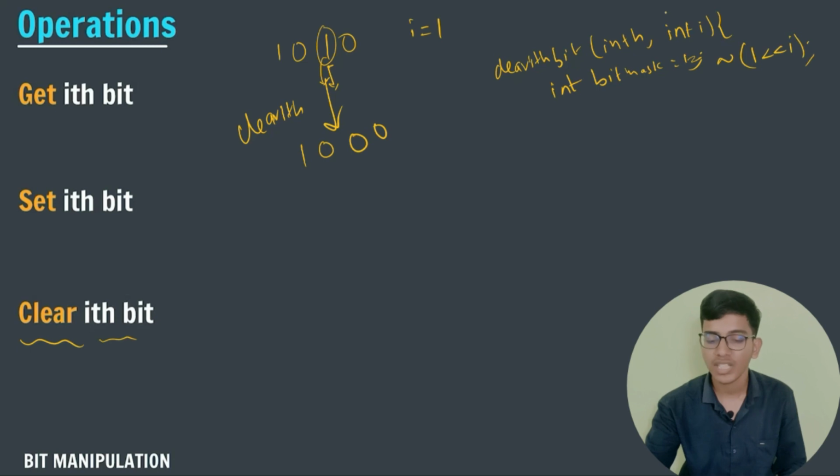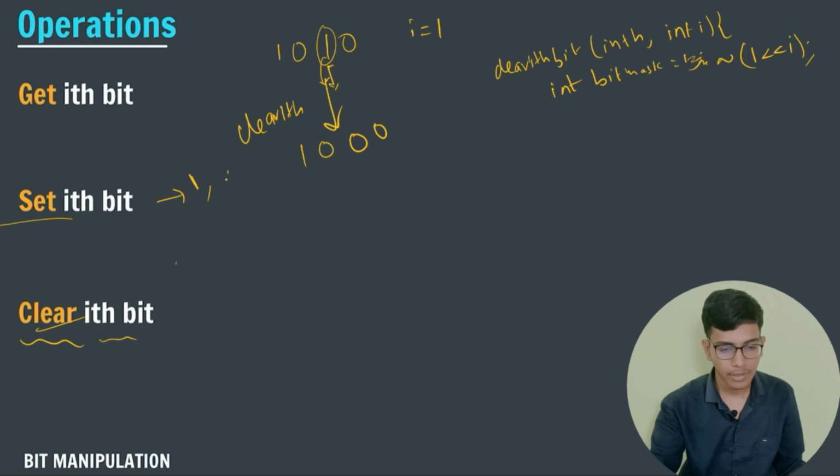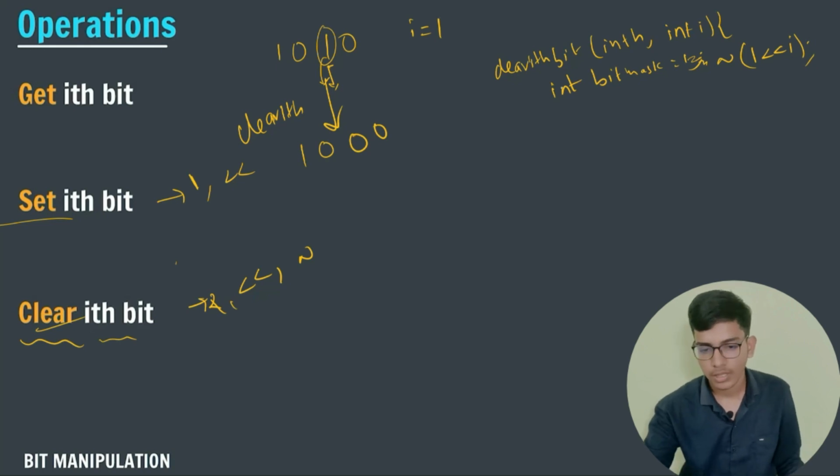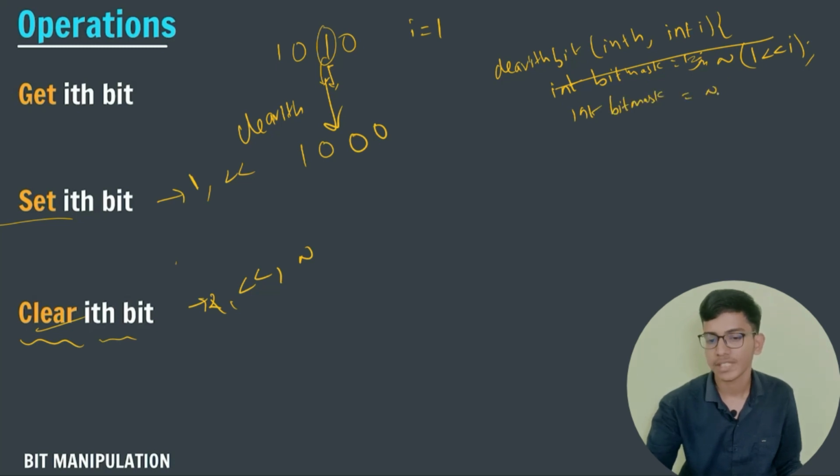This will give me the complement. The only change between setIthBit and clearIthBit is that here we will use AND, sorry, instead of OR, and the left shift comma complement, that is nothing but ones complement. So here the int bit mask will become bit mask equals to ones complement of 1 left shift i, right?